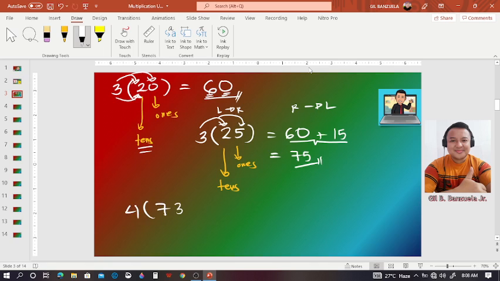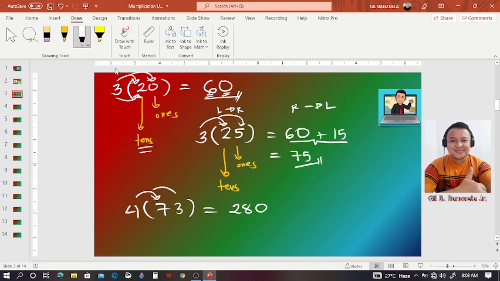Okay. So, 4 times 73. Again, 4 times 7, that is 28. So, sulat mo yung 28. You automatically add 0, ganun yung sa tens place. Meron tayong isang 0. So, kapag nasa hundreds tayo, mamaya-maya lang, dalawang 0 naman idadagdag natin.